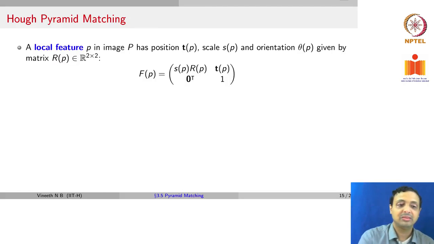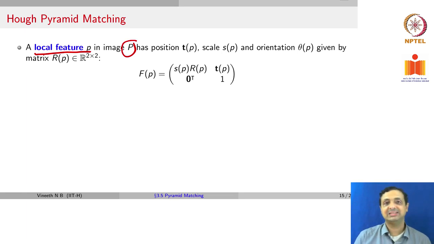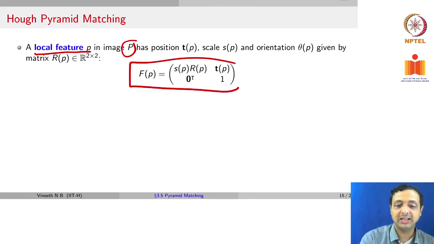You could assume that a local feature p in image P has a certain scale, orientation and translation, position to it in this particular case, which is given by this transformation matrix.